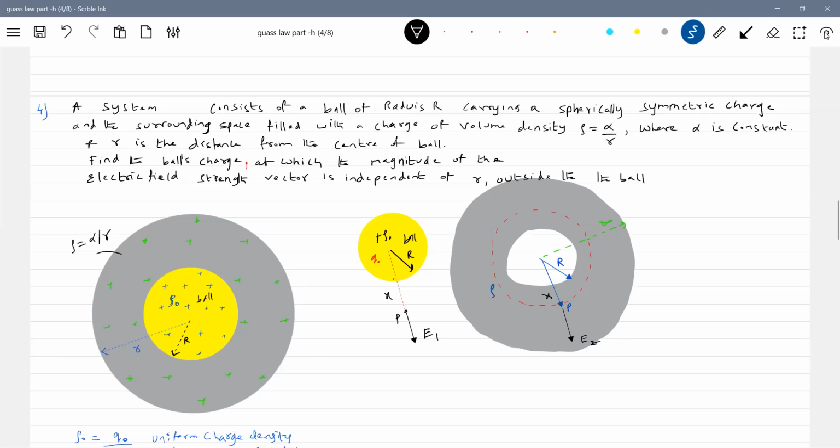So charge enclosed dq should be equal to rho into 4 pi x squared dx. I am asking you to imagine a thin shell of thickness dx, radius x. So rho equal to how much? Alpha by x, we will substitute.